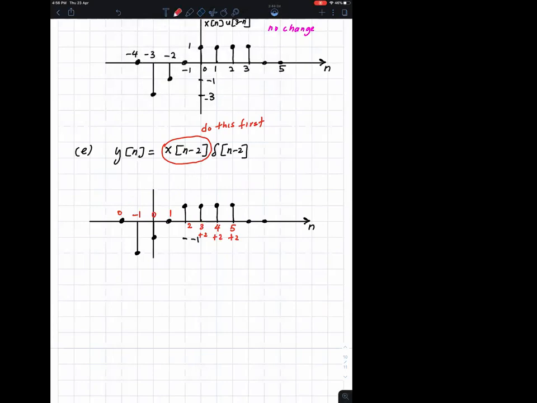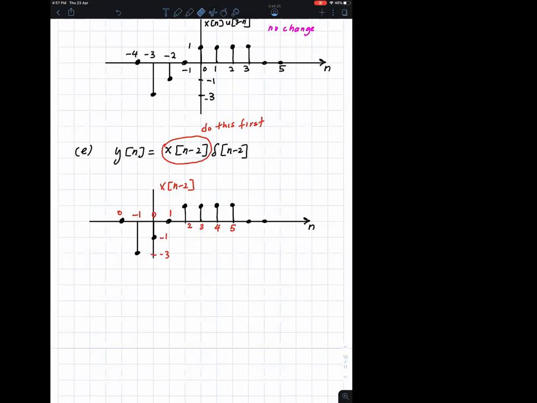Okay, this is x[n minus 2]. -1, -3. Okay, that's it.